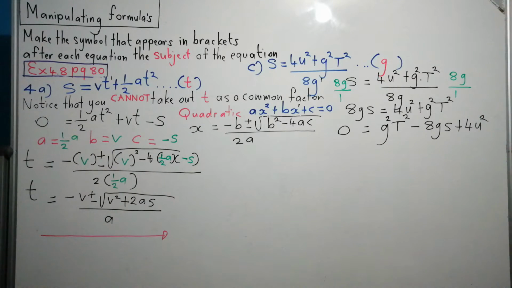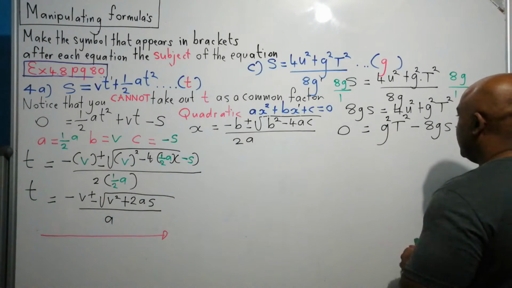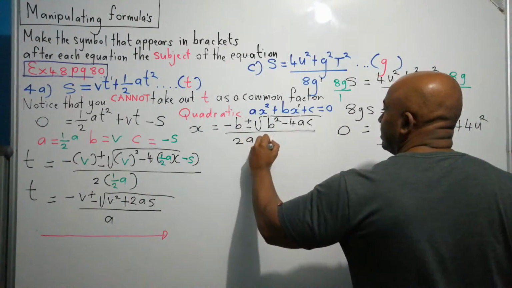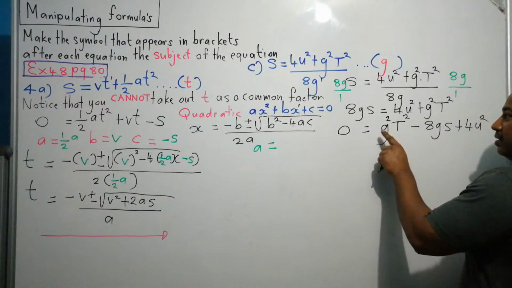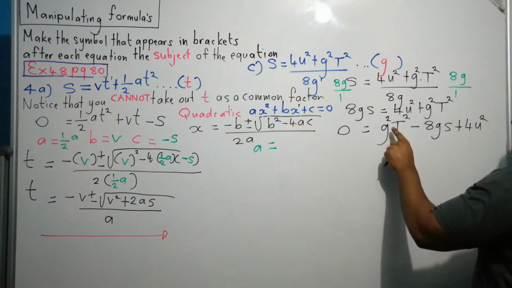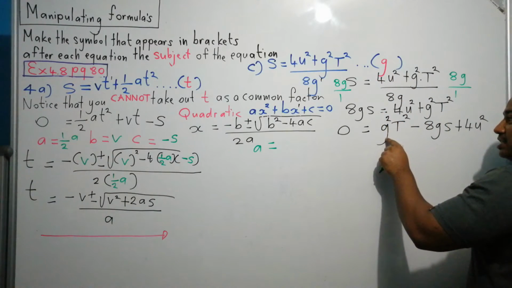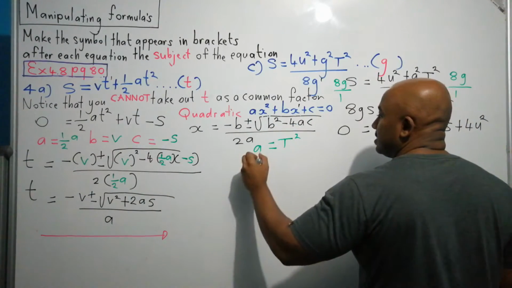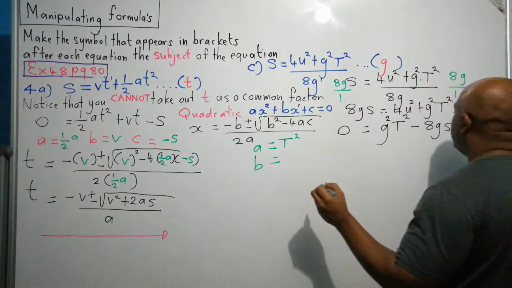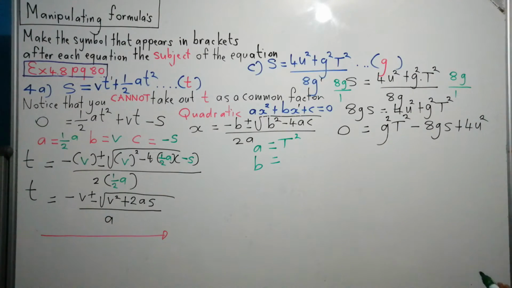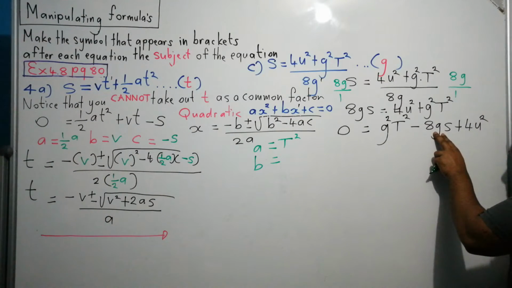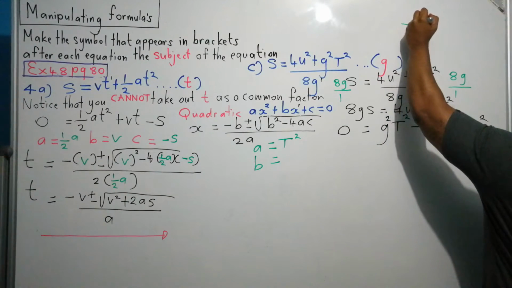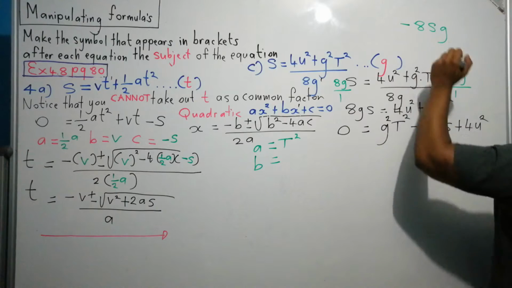So from here, all you do is identify your a, b, and c. So clearly for this example here, my a is... what are we working out? We are working out g. So the coefficient of g squared is a. So a is going to be t squared. What is b? b is going to be the coefficient of g. So the coefficient of g, remember there you've got minus 8sg.